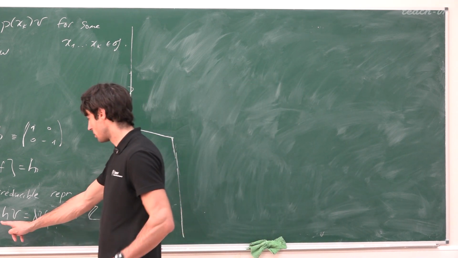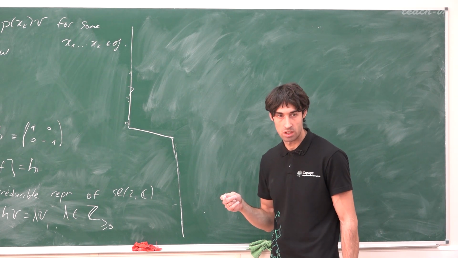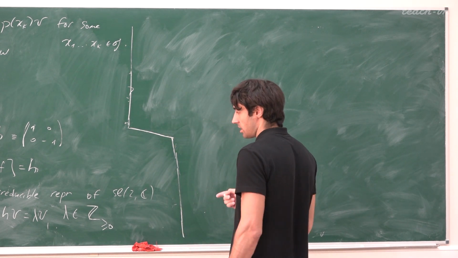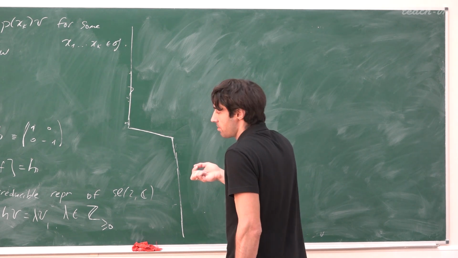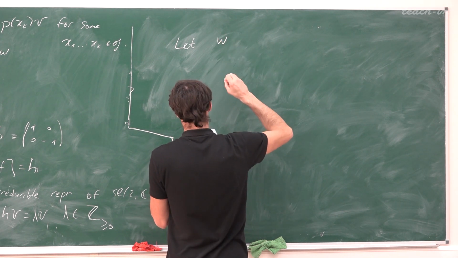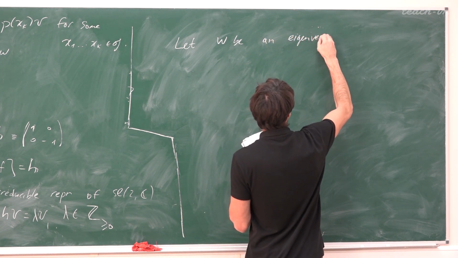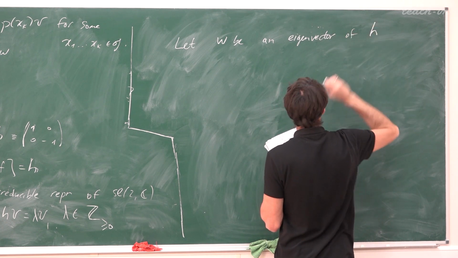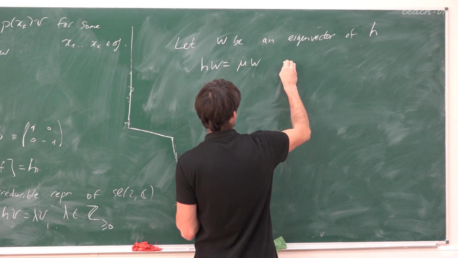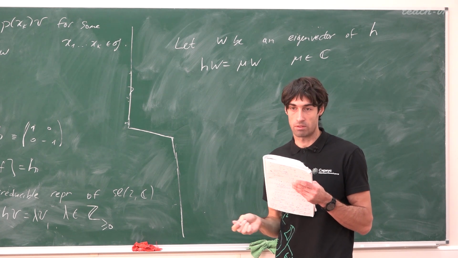H is very important for us because we built a basis in our representation which is an eigenbasis for H. So the first step is to find some eigenvector for H. So let w be an eigenvector of H. So Hw is mu w for some mu in C. At least one we can find.